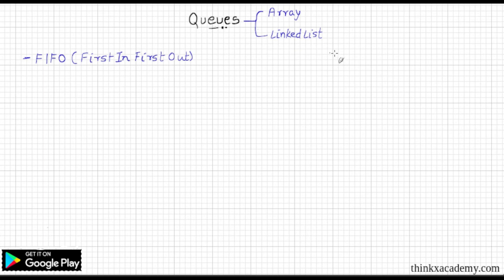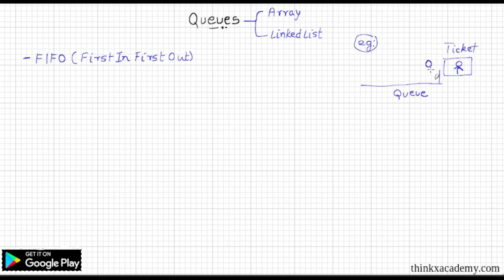So let me just give you a real life example of queues which we all have seen in real life. So let's suppose there is a ticket counter and there is a man sitting here, and let's suppose there is a formation of line which we are calling a queue.